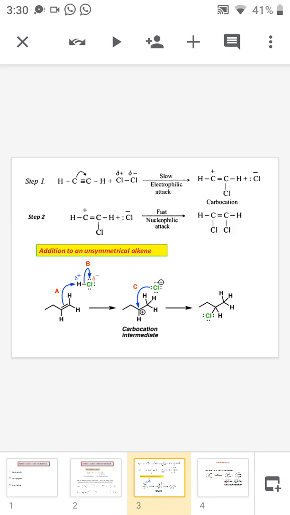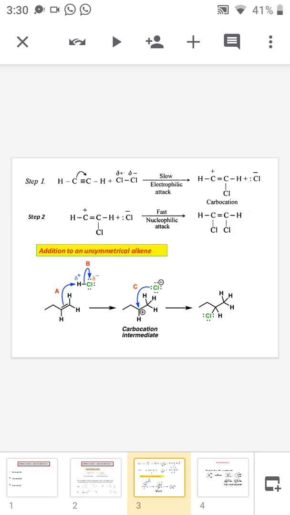Which side will the hydrogen plus, that is the electrophile, attack? Naturally, the H plus attacks the less hindered side, because in this reaction a carbocation is generated and the carbocation must be stable.